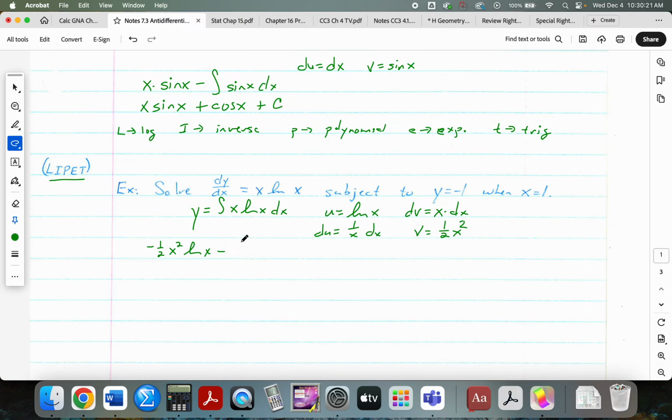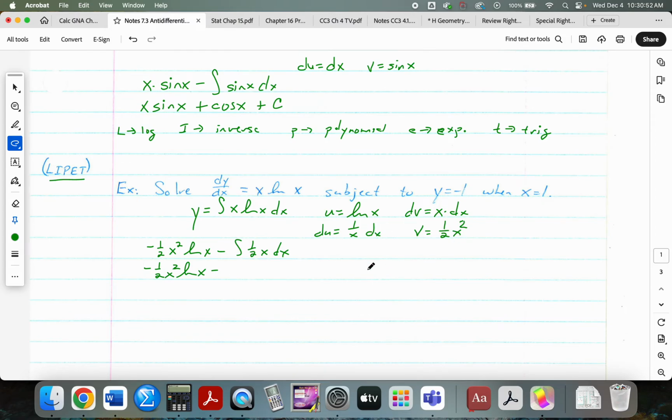Minus the integral of v du, and this is where the genius part comes in. You're like, oh, cool. When I multiply v and du together, I get just 1/2 x dx. So now I have something that I can deal with. This is going to be 1/2 x squared natural log of x minus the antiderivative of x. We already did that.